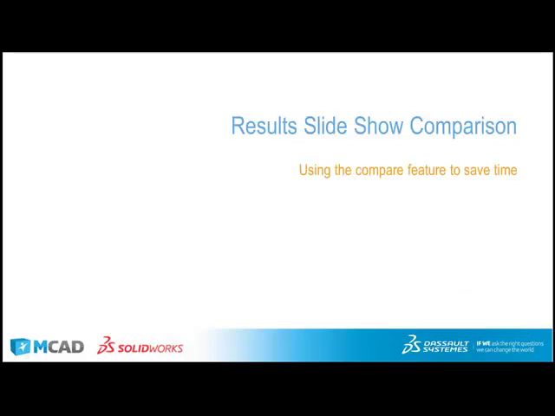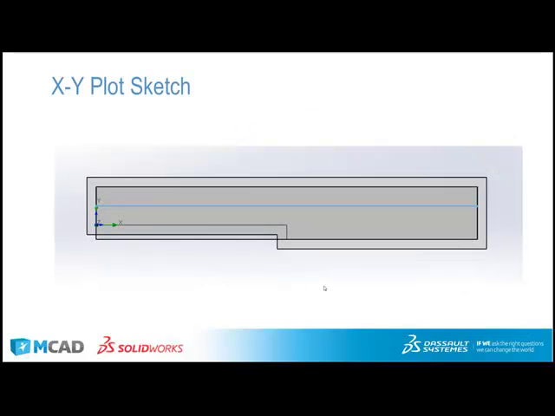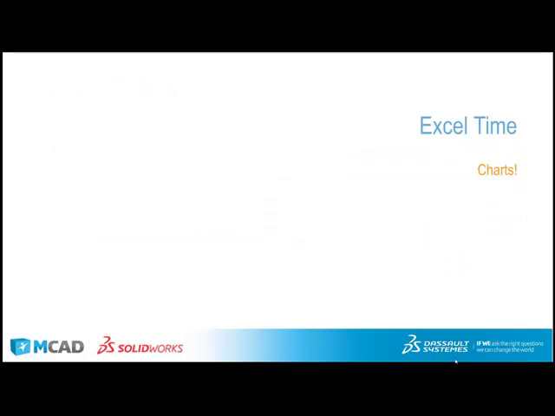So looking from there, what I've done next is I've drawn a line down the center of my plot. It was drawn on the midplane, from the center of this 200 millimeter gap all the way down. And what I've done with that is I used the compare feature in SolidWorks.